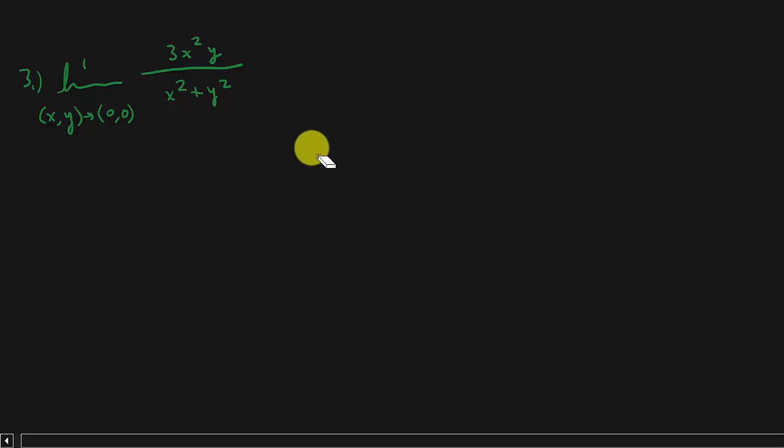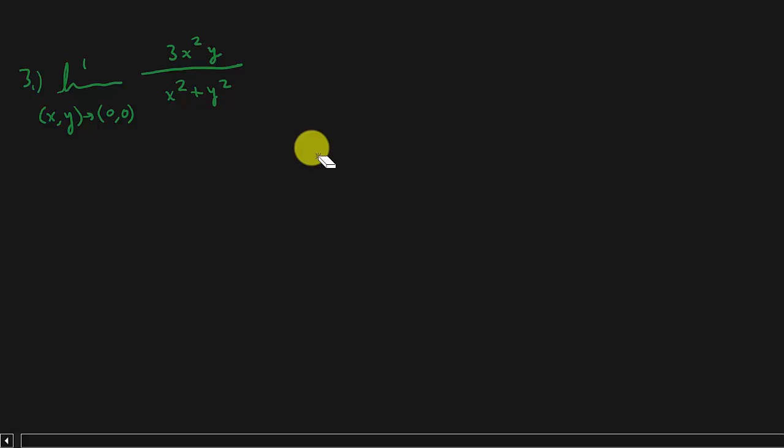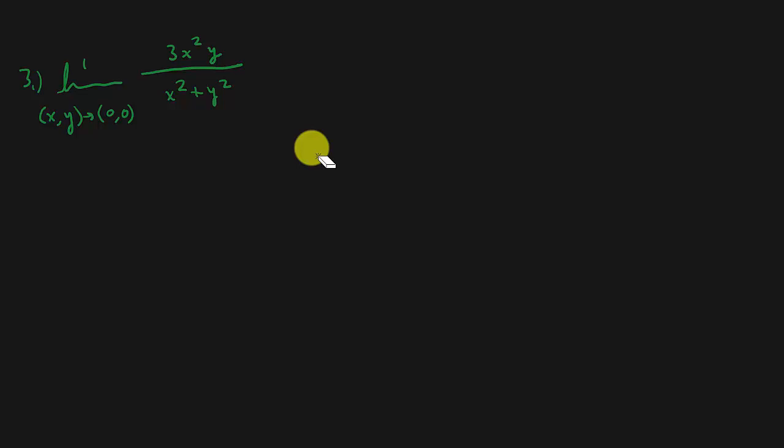And to save a little time for this video, we've worked several problems where we came in along the x-axis, the y-axis, the line y equal x, the lines y equal mx, and we even came along the parabola x equal y squared.